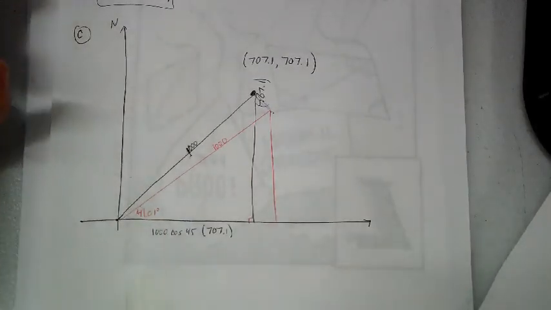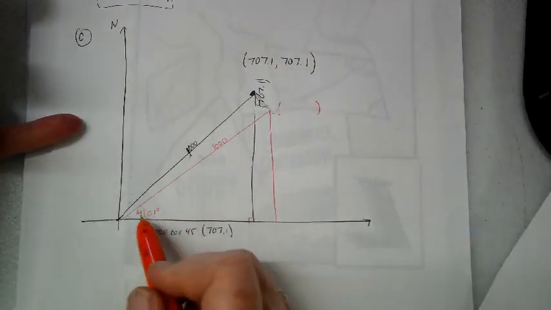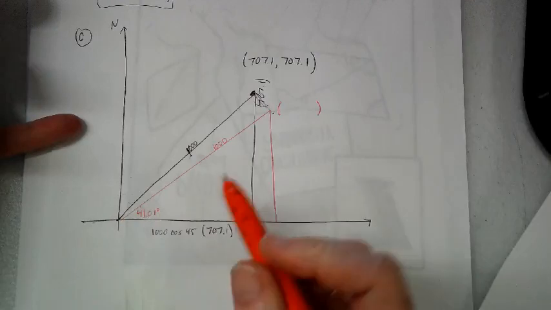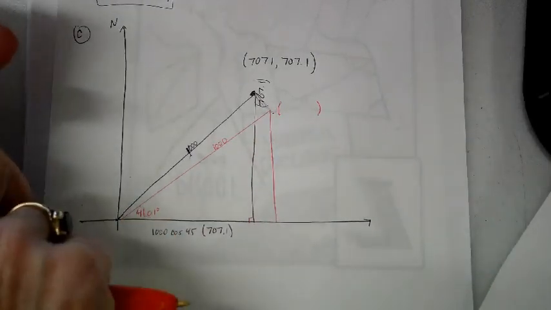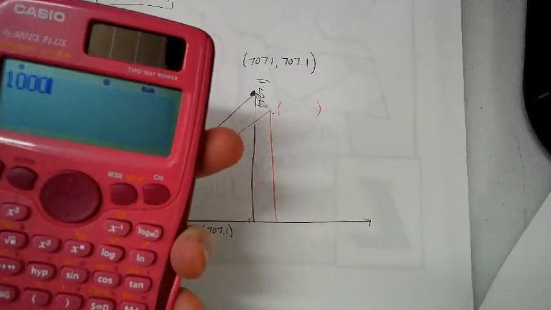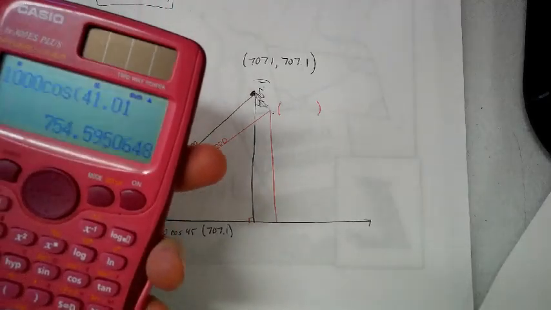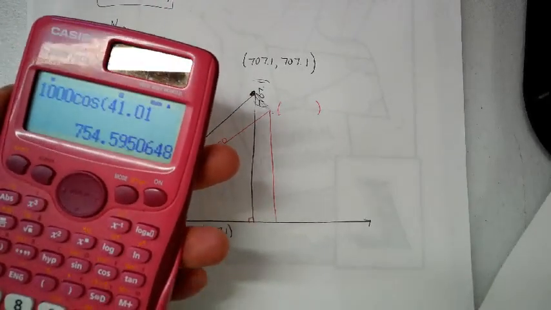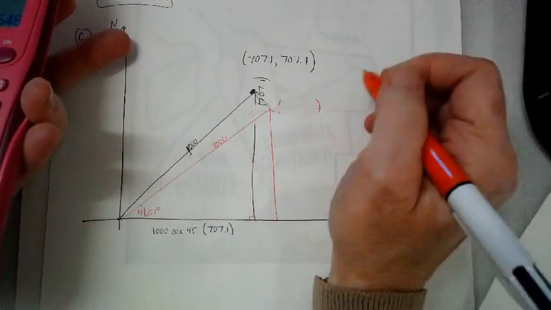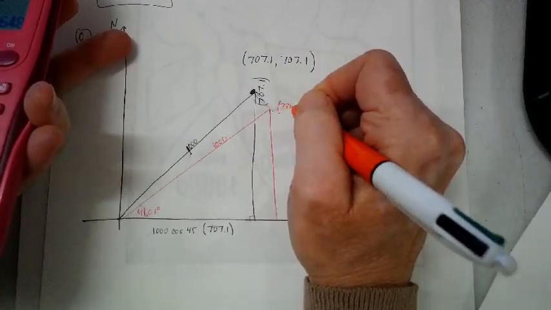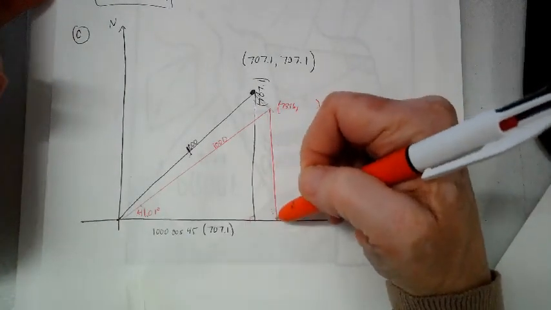And so what I'm going to do is get these ordered pairs for here by finding cosine. I'm going to say 1,000 times cosine of 41.01. And I got 754, I guess I'll call it 754.6. And then this side right here is going to be sine.